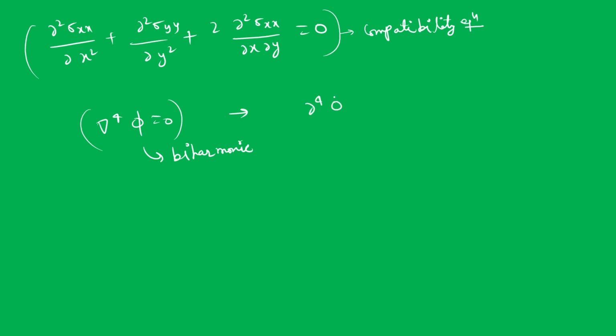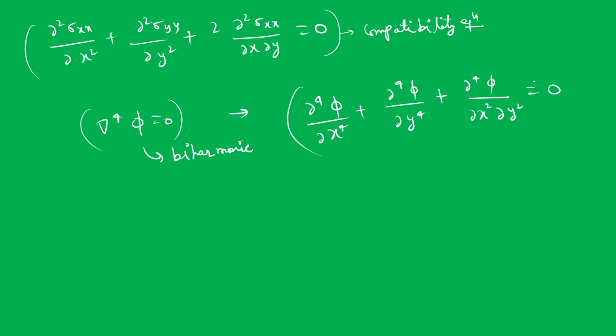So if I say this, then what does that mean? Del to the power 4 phi by del x to the power 4 plus del to the power 4 phi by del y to the power 4 plus 2 times del to the power 4 phi by del x square del y square, and this is equal to 0.